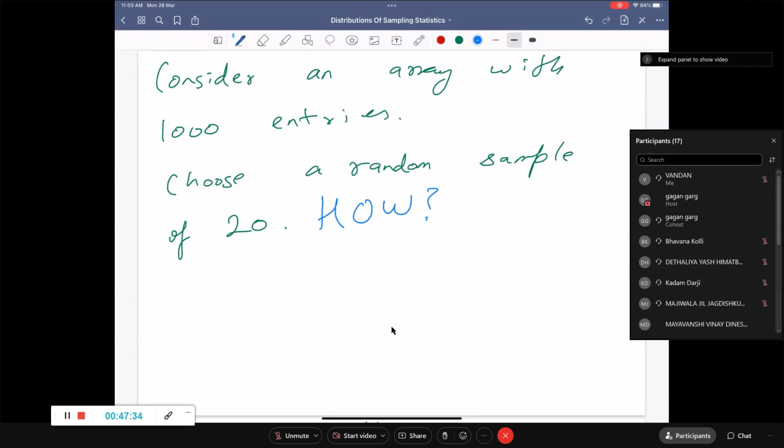Yeah. So the question was, consider an array with 1000 items. How do you choose a random sample of 20?